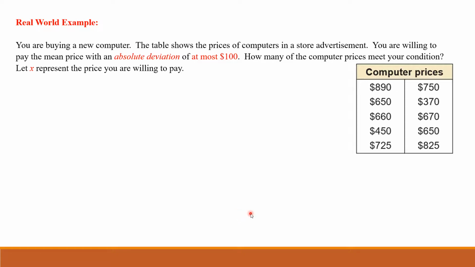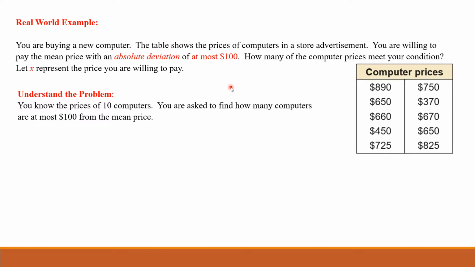Obviously there's more than one price you're willing to pay if the deviation is at most $100 from the mean price. We know the price of 10 computers as shown in the table, and you're asked to find how many computers are at most $100 from the mean price.